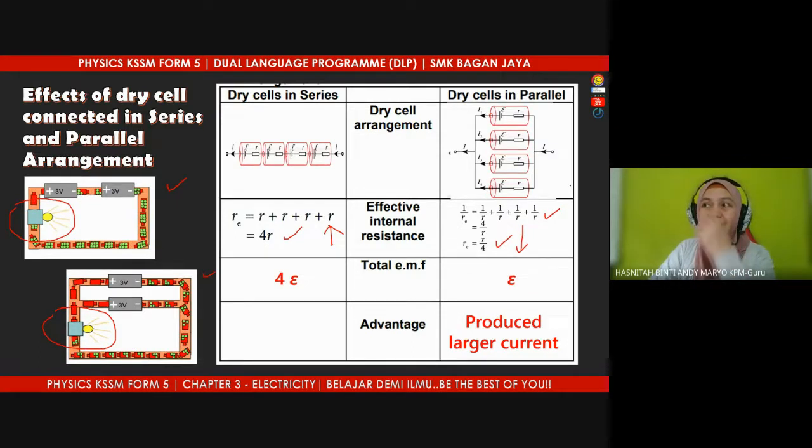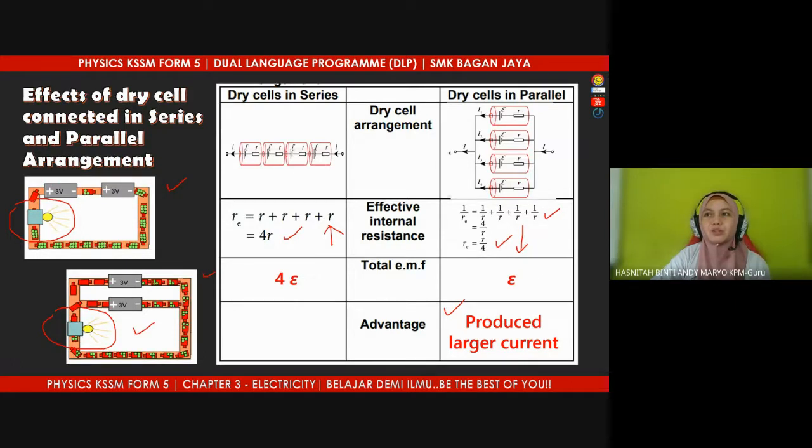Okay, advantages. So this connection gives us the advantage of producing larger current throughout the circuit, throughout the bulb. So the bulb lights up brighter. Dua-dua guna bateri sama, 2 batteries.